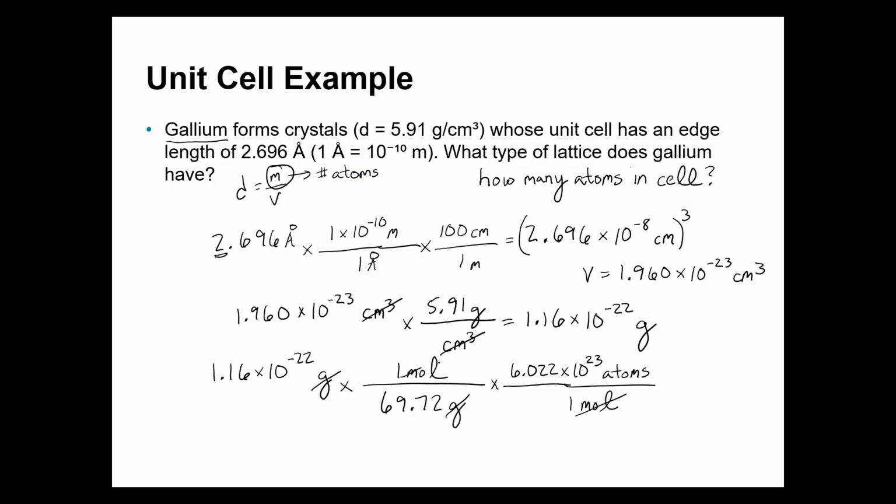Moles cancel, left with the number of atoms, and when we calculate this, it is going to be roughly 1 point and then several zeros. So we're looking at 1 atom. Okay, and so 1 atom, of course, is that simple cubic unit cell.